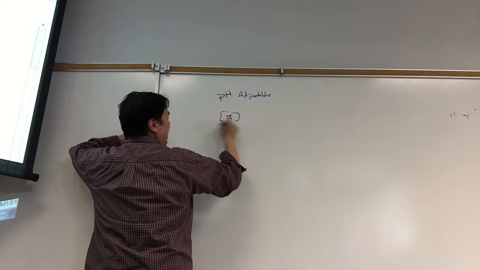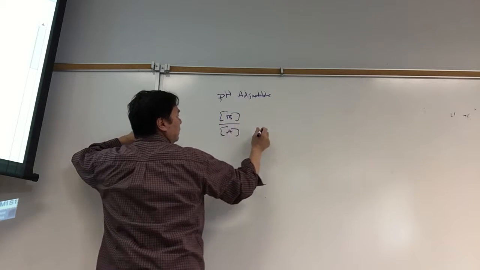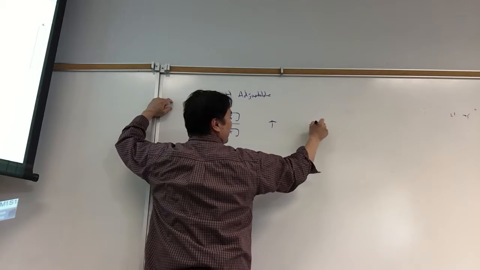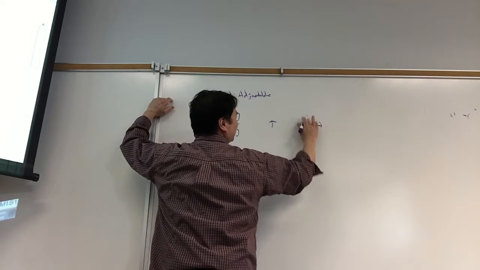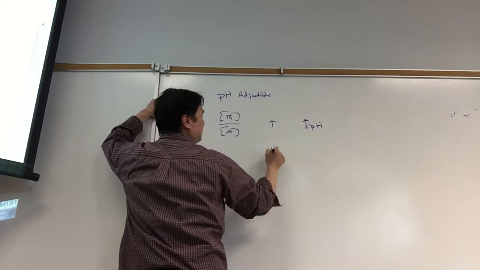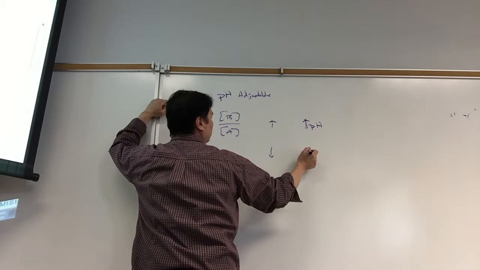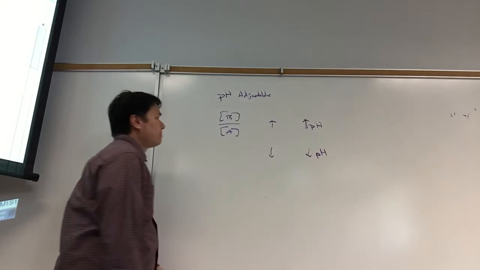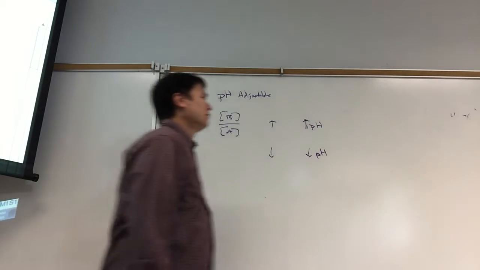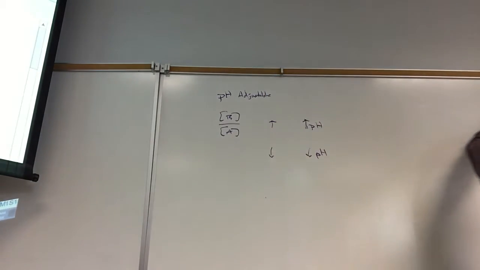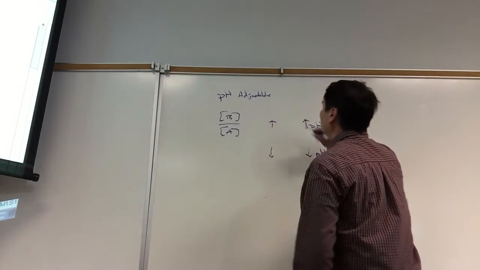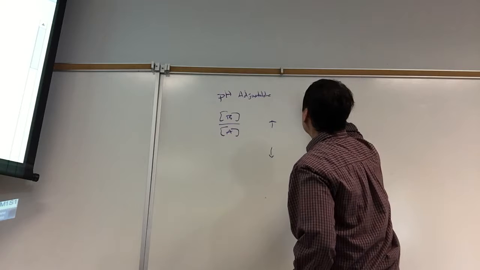If we look at the base to acid ratio, if we increase this, then the pH goes up, right? This will increase the pH. If we decrease this, this will decrease the pH. But we don't want to go too far. And so the pH is adjustable.